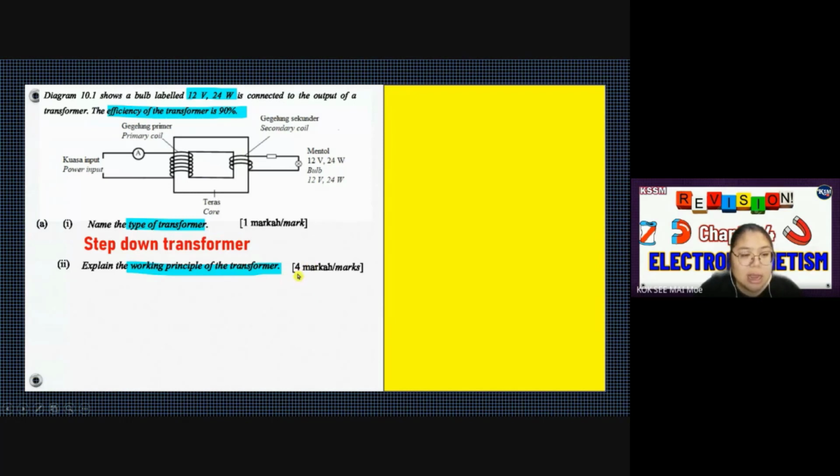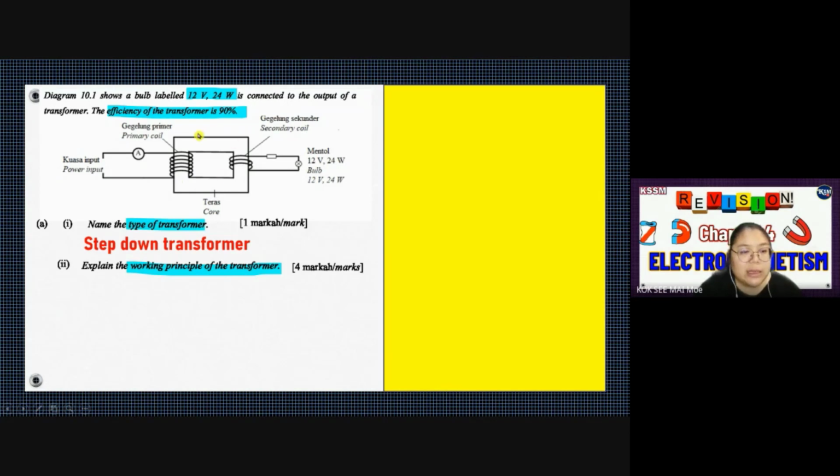Now you need to explain the working principle, 4 marks. How the transformer works until the bulb can light up. First, you must mention the input. Input is an alternating current. When the alternating current is put in, it produces a current of varying magnitude and also direction.